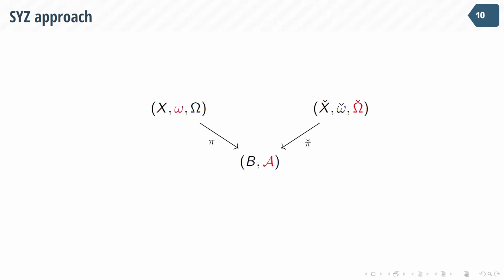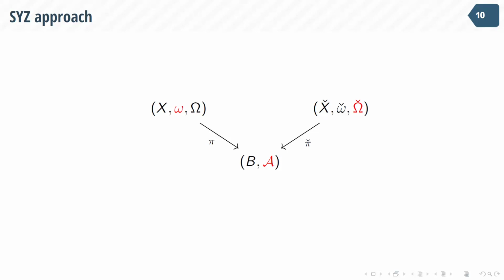Since the manifolds are both Kähler, they are both symplectic and complex, and you can use the two different Kähler forms to define the base with two different affine structures, and both the Kähler metric and the affine structure are related by a Legendre transform.